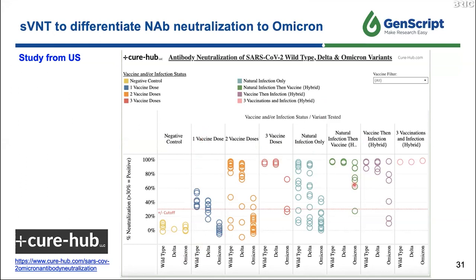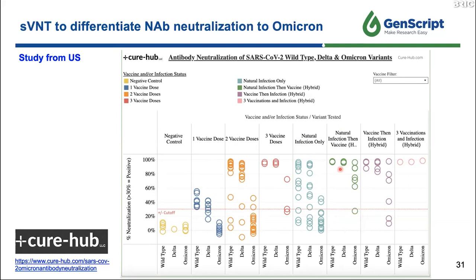According to the data sets here, we observed that for those who received 1 vaccine dose, 2 vaccine doses, or 3 vaccine doses, or those who didn't receive any vaccine but got the natural infection, we can see that their neutralization for the Delta is lower than the wild type, while for the Omicron, it is the lowest. So this is also consistent with the Singapore study.